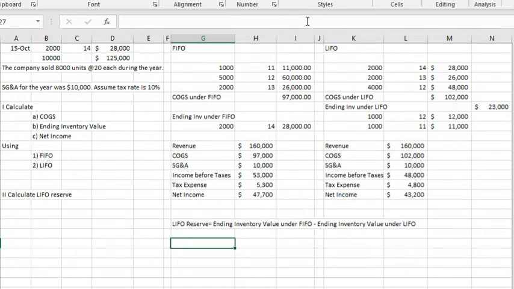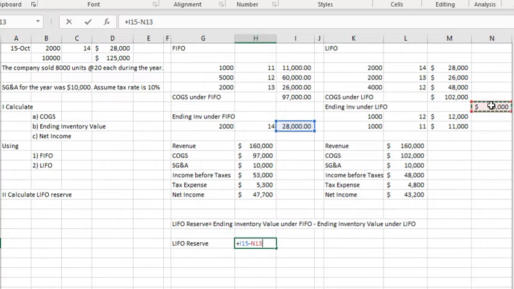So in this case, LIFO reserve turns out to be 28,000 minus the 23,000. So that's the LIFO reserve.